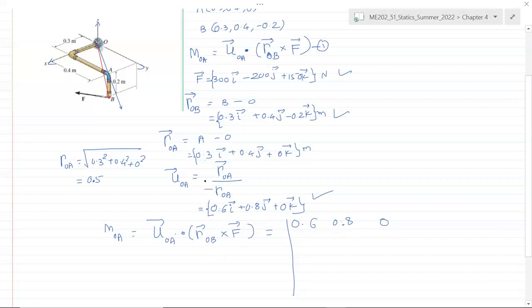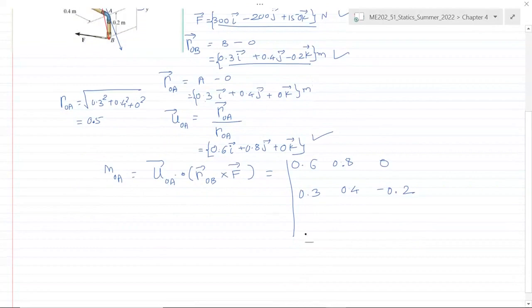The middle row is for R: 0.3, 0.4, minus 0.2. And the third row is for F: 300, minus 200, 150. And now you solve the matrix determinant.